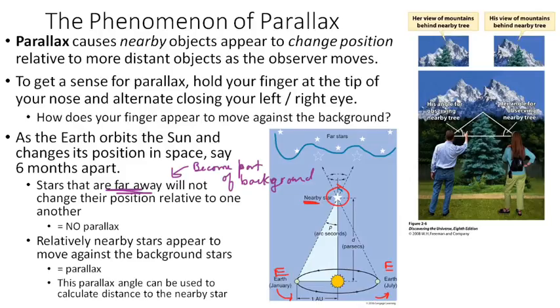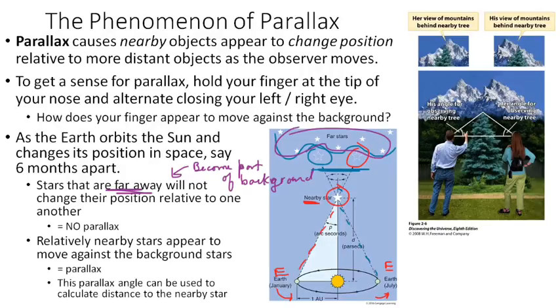In January, that star appears here. In July, six months later, that star appears here. I'm exaggerating here. Is it that much of a jump? No, probably not. But it's enough of a change in position relative to the background stars to actually see parallax in action as we orbit the sun.